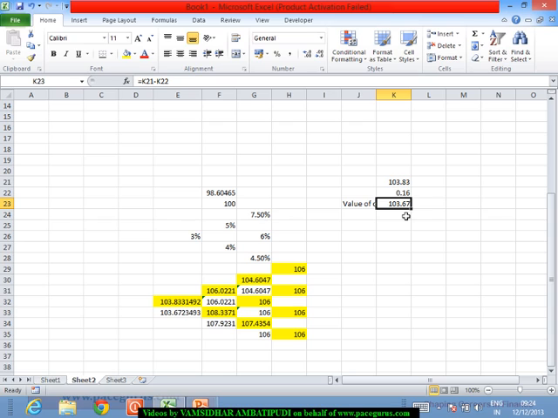Based on that assumption, you can build this tree, work backwards using the backward induction mechanism, and finally arrive at the value of the callable bond directly.